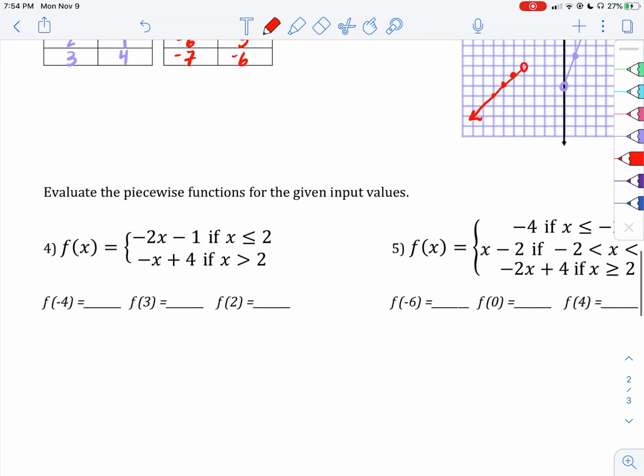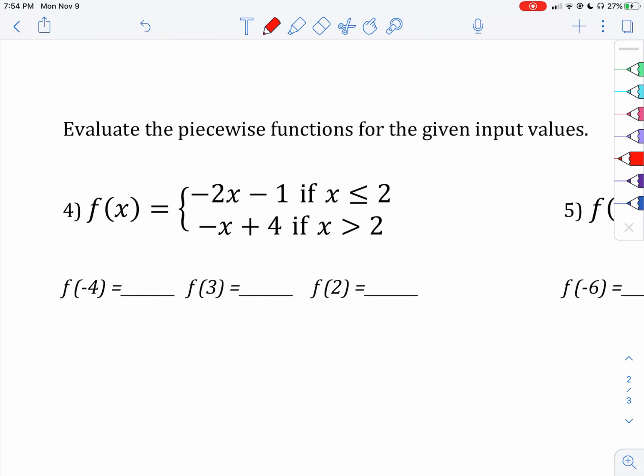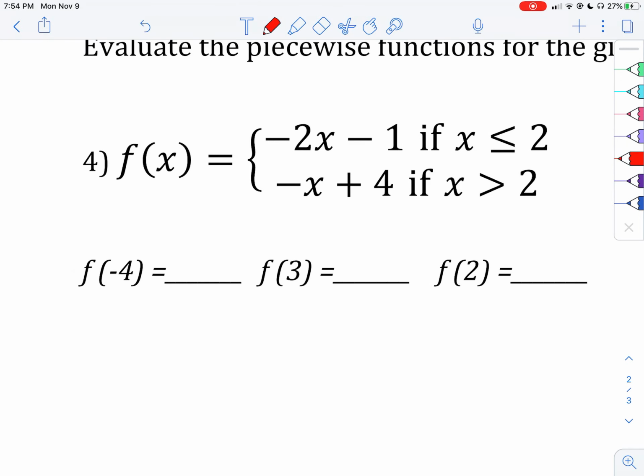Now we're going to look at evaluating piecewise functions when we have our input values. So our input values are what we're putting into our function. You can also think about that as our domain, our x values. Okay, so we want to evaluate f of negative 4. So this is going back to function notation, which we briefly covered in the last unit. So when x is negative 4, we're going to have to find which part of our piecewise function we're going to use.